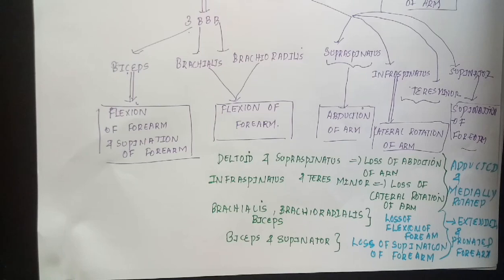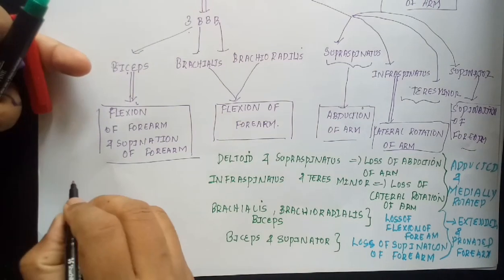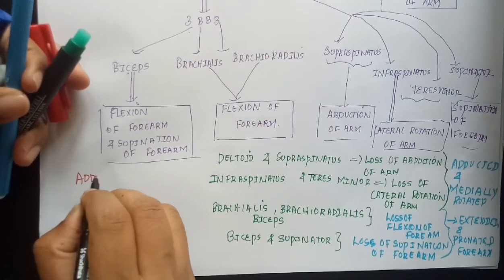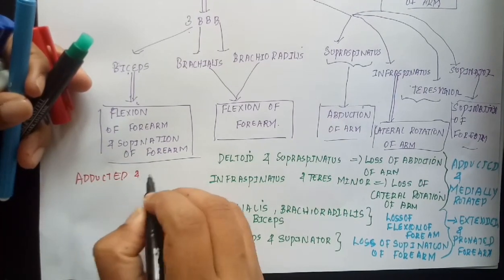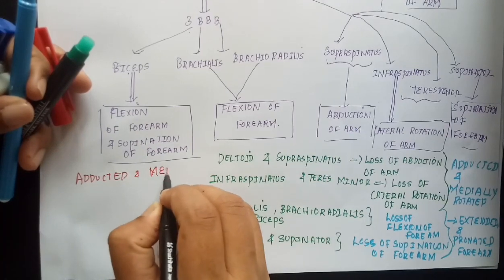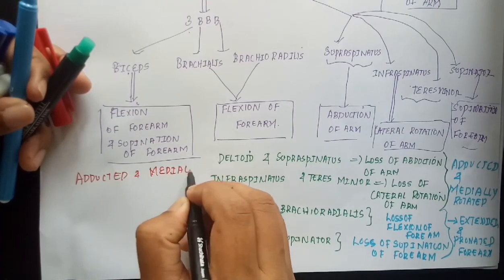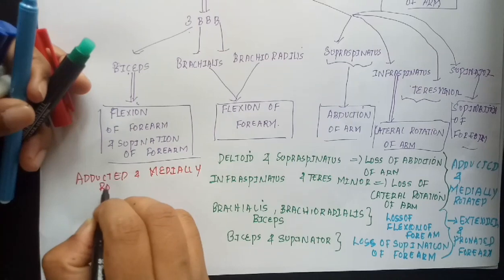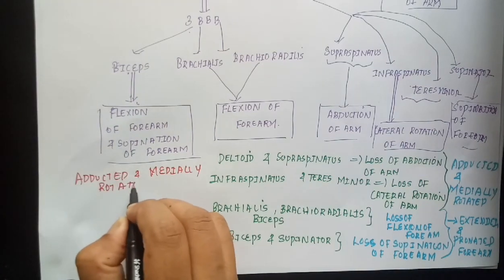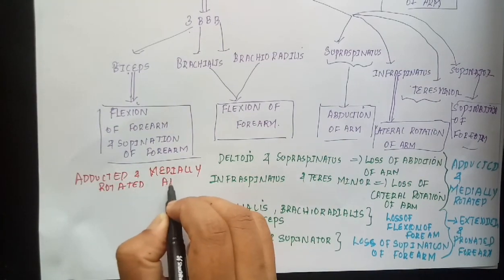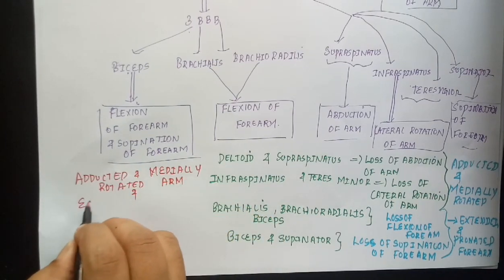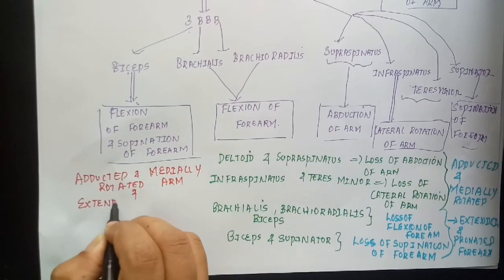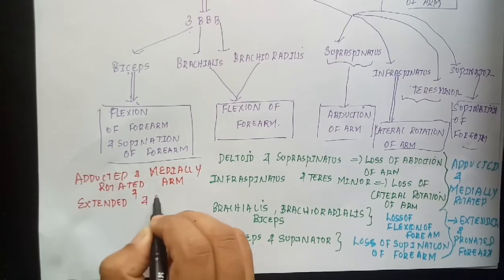So the characteristic position in Erb's palsy is an adducted and medially rotated arm and an extended and pronated forearm.